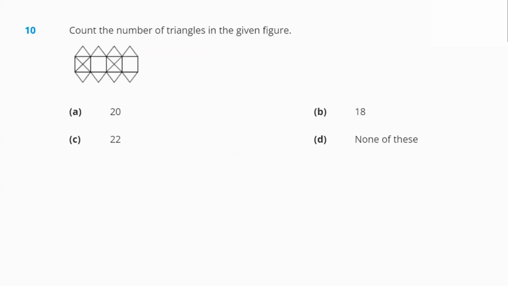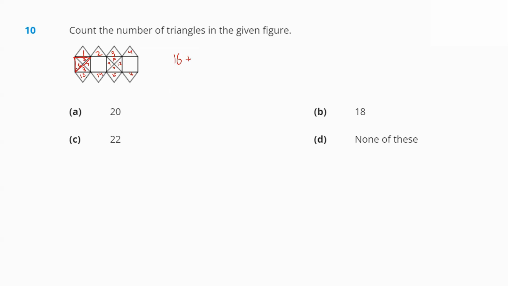Moving on to the next question. Count the number of triangles in a given figure. So first we'll count smaller triangles. 1, 2, 3, 4, 5, 6, 7, 8, 9, 10, 11, 12, 13, 14, 15, 16. So we have 16 small triangles plus big triangles.